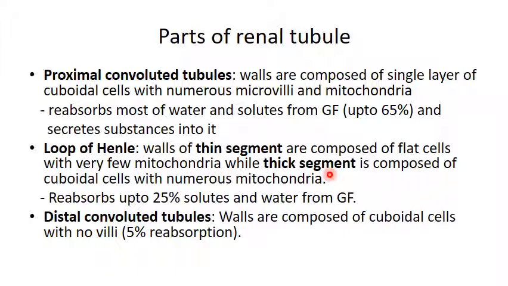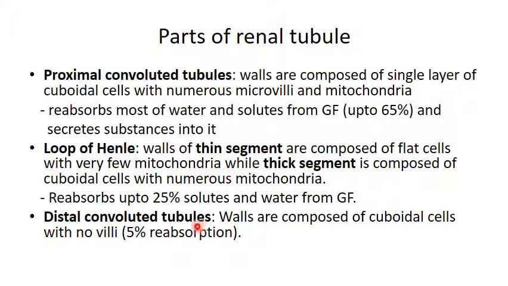Whereas the thick segment, which makes the upper half of the ascending limb, also called the thick ascending limb, is composed of cuboidal cells which have numerous mitochondria but no microvilli. This segment is responsible for the reabsorption of up to 25% of solutes and water from the glomerular filtrate.